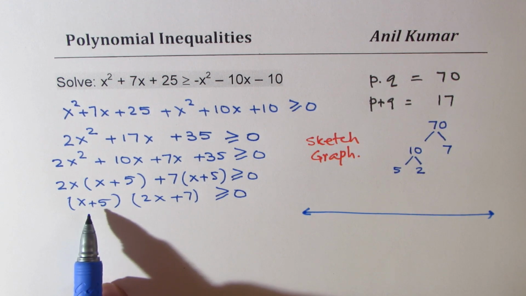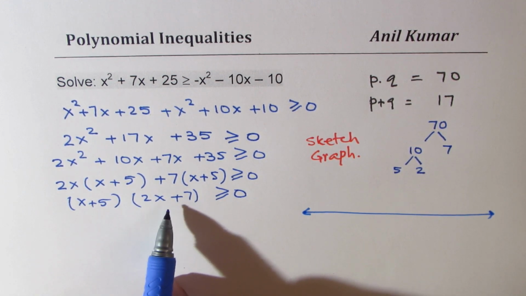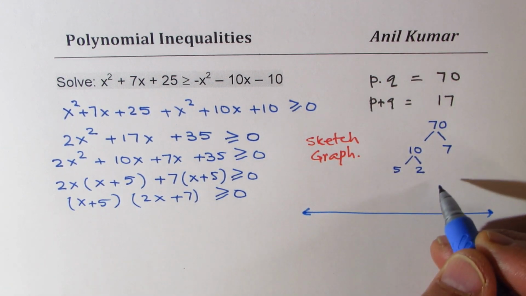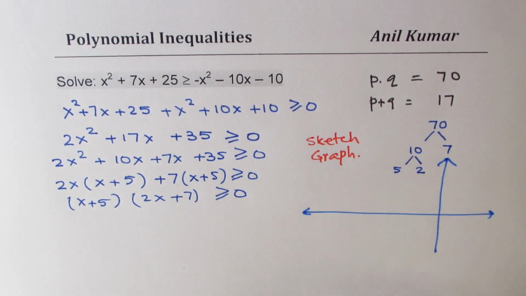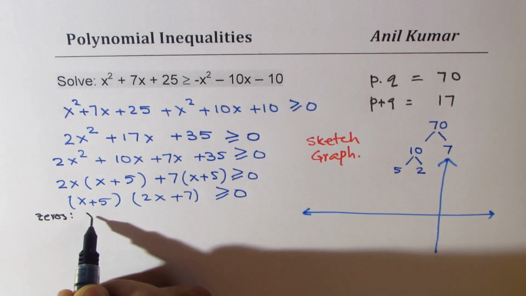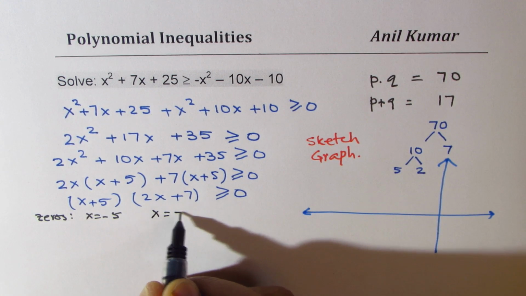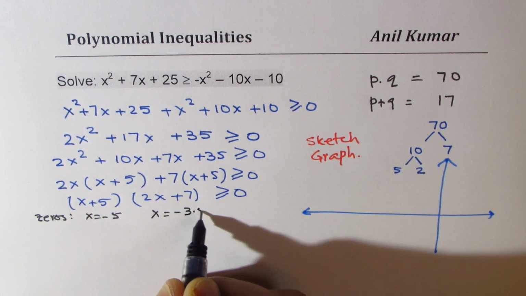We have two zeros, one at minus 5, the other one at minus 7 over 2, which is minus 3.5. So let's write down the zeros here. One zero is at x equals minus 5, and here the zero is at x equals minus 3.5.